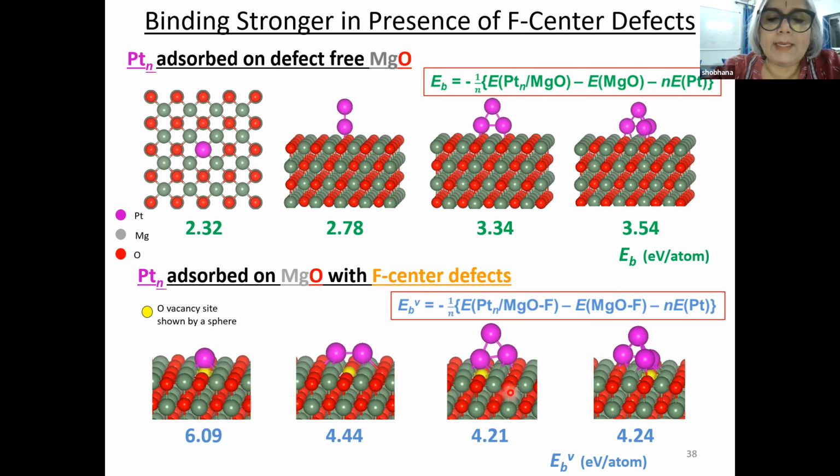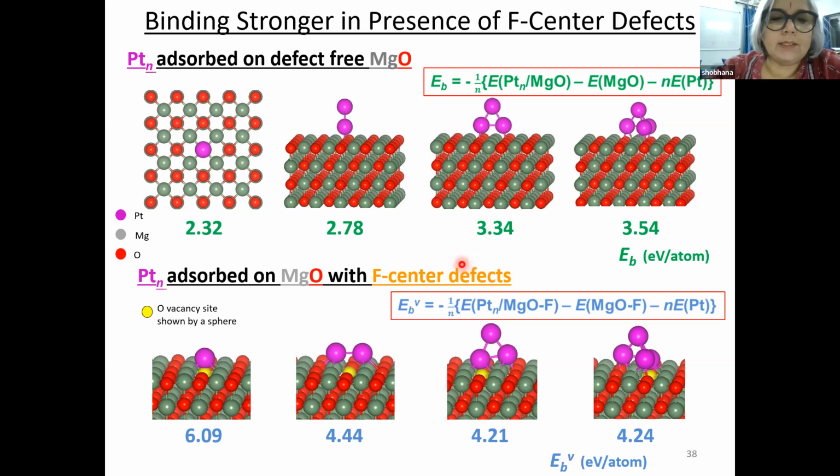When you bind it at these sites, you see the binding energy goes up significantly. If you compare these four numbers to these four numbers, you see in every case the number is much larger. So the F center results in the cluster being bound much more strongly. And this already suggests that sintering might be more difficult in the presence of F centers.